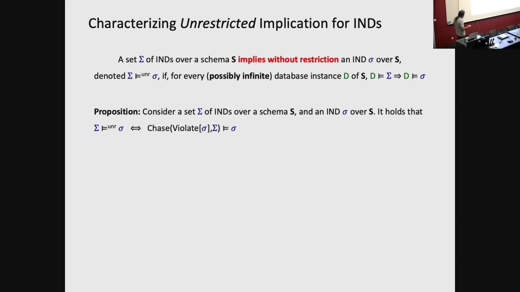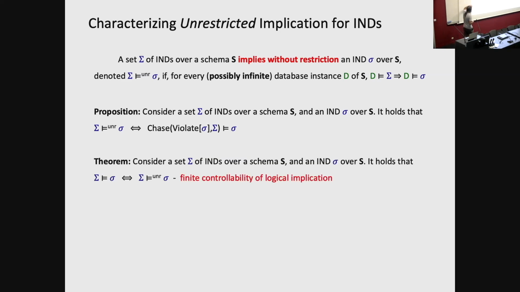Now, to bypass this problem, we have to invoke another interesting result, which I will not even try to prove, but at least state, which is called the finite controllability of logical implication for inclusion dependencies. This theorem essentially tells us that inclusion dependencies is one of those nice cases where the restricted and the unrestricted version of the implication are the same, are equivalent.